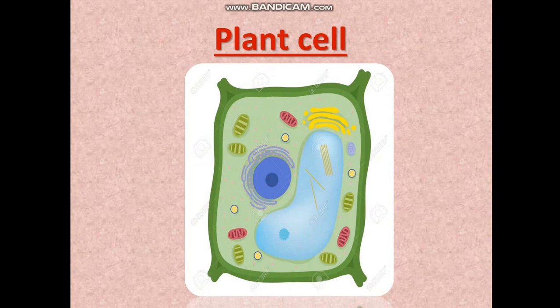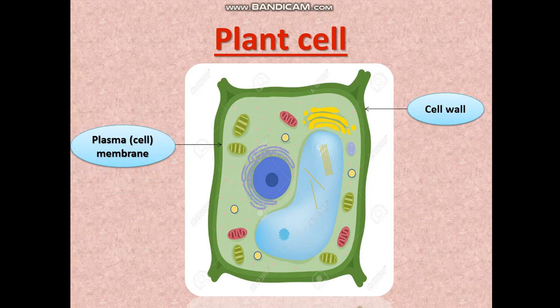The first structure is the cell wall. The second structure is the plasma or cell membrane. The third structure is the cytoplasm. The fourth structure is the nucleus.